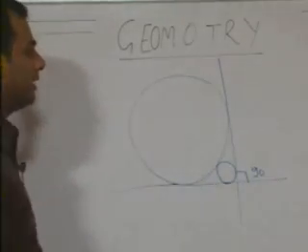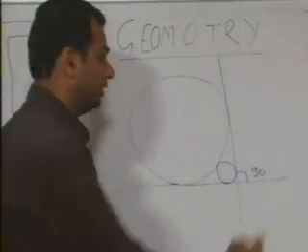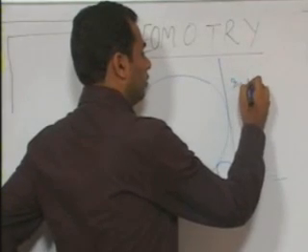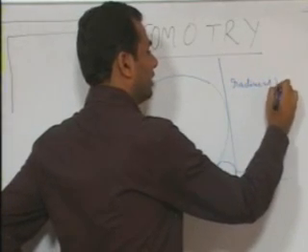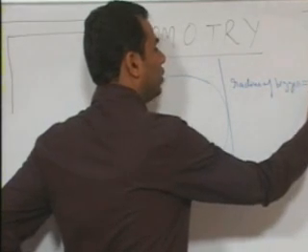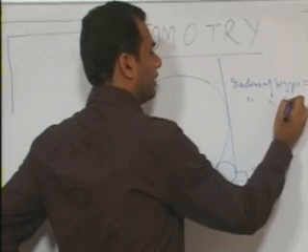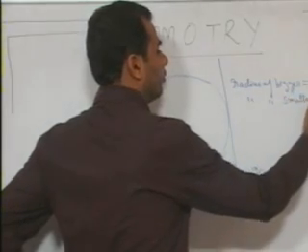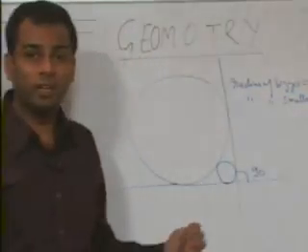It has been given that the radius of the bigger circle is 2 centimeters. So I need to find out the radius of the smaller one. Now let's see how we can find it.